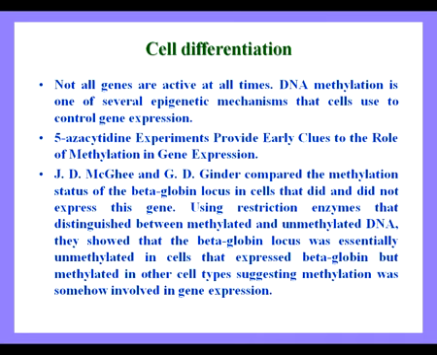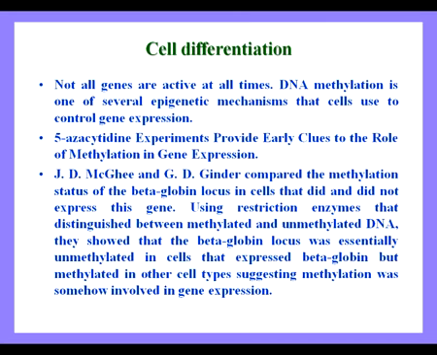In this regard, an experiment was conducted by McGee and Ginder, who utilized a unique property of a chemical compound called 5-azacitidine. These two scientists compared the methylation status of the beta globin locus in cells that did and did not express this gene.